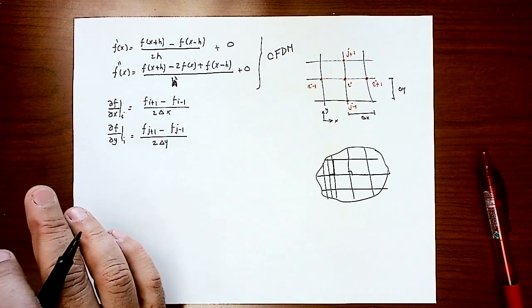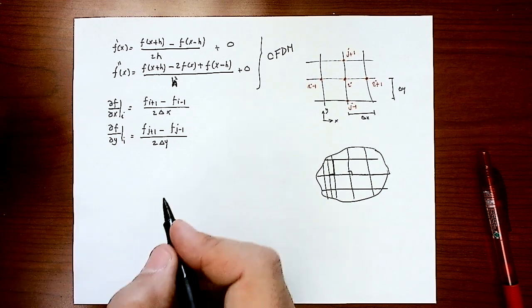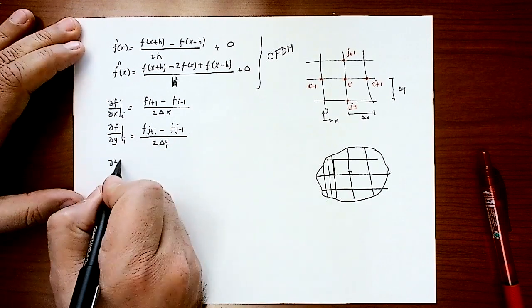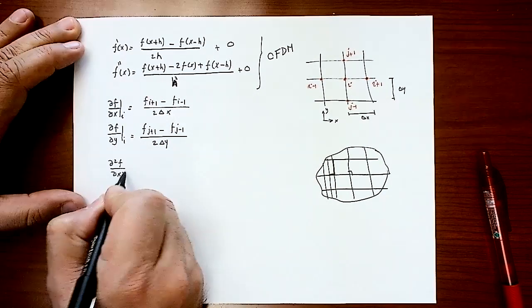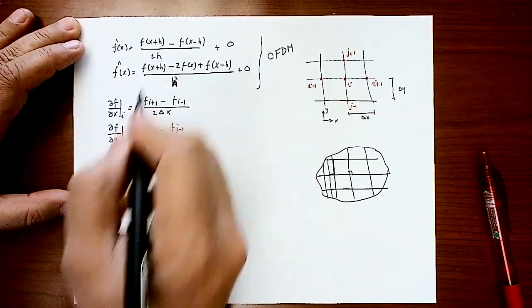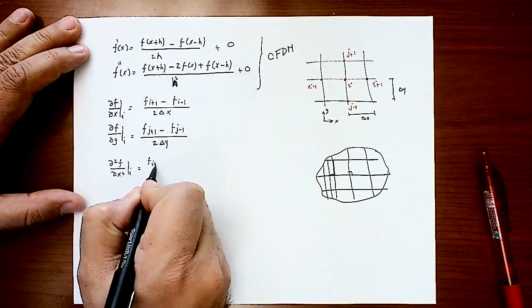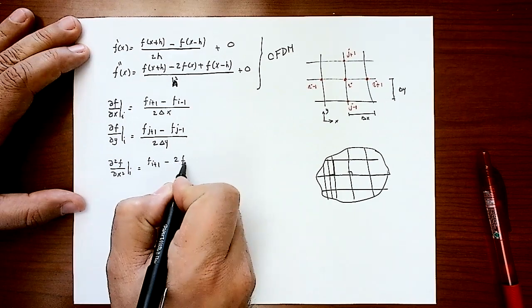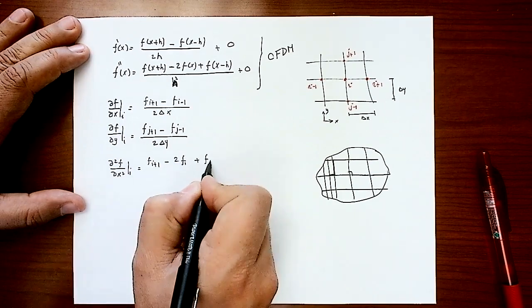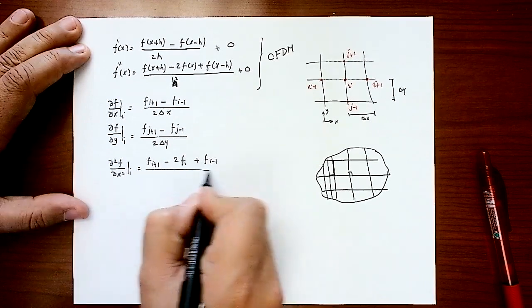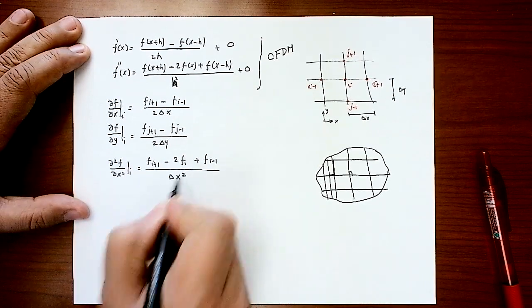That's how the central finite difference method applies. Now let's get the second derivative. Partial 2f by partial x squared at node I is equal to f of I plus 1 minus 2f of I plus f of I minus 1, divided by delta x squared.